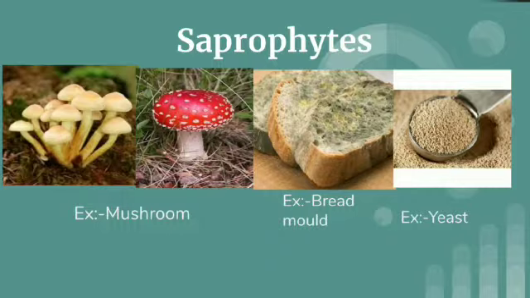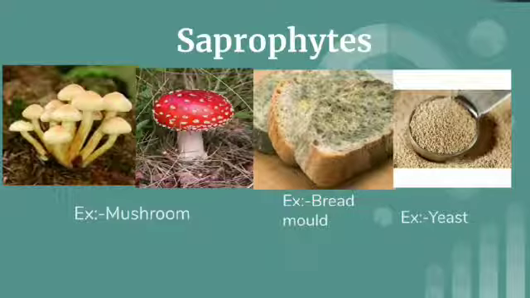Those non-green plants which obtain their food or nutrition from dead and decaying organic matter are called saprophytes or saprotrophs. The fungi such as mushrooms, bread mold and yeast are some saprophytes.